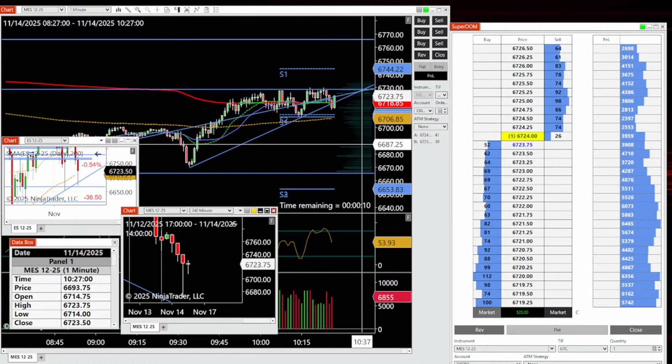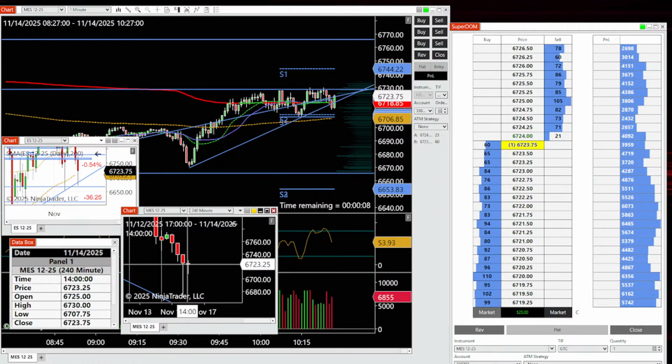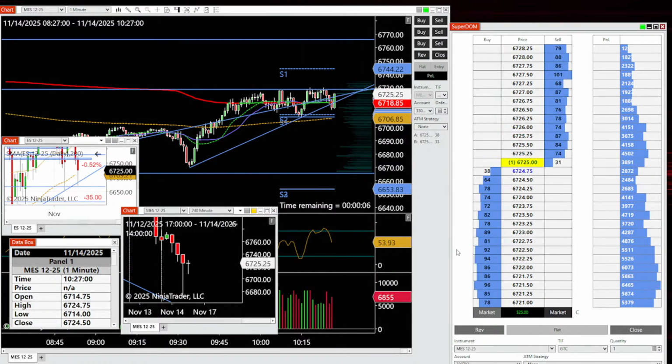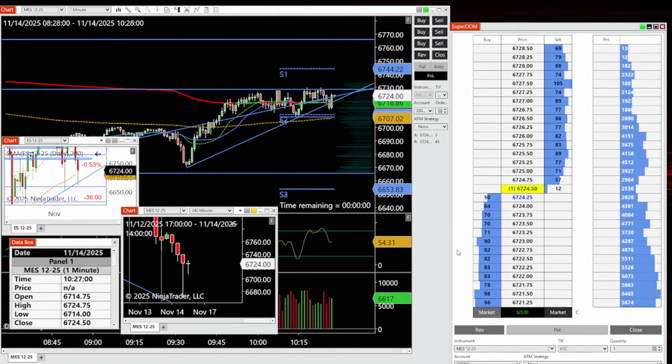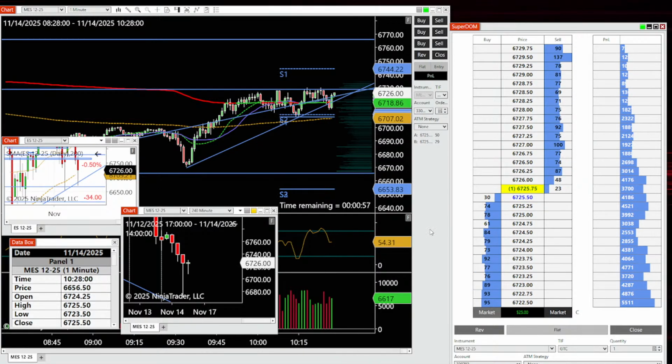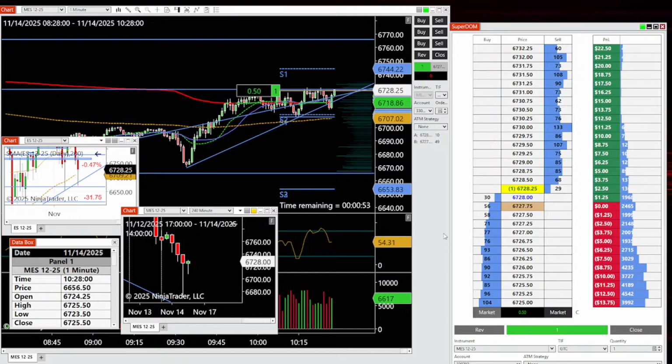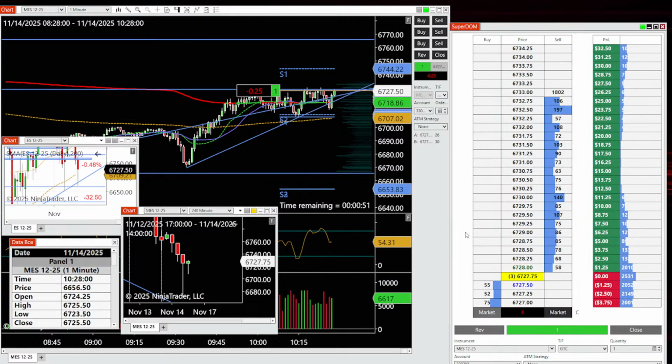If that was the shakeout we made, if we get back above 25, we can keep going. I'm going to see if this is it. I don't like breakouts.